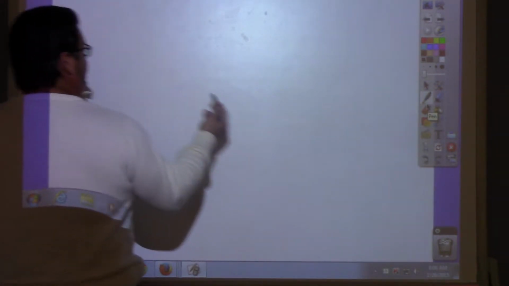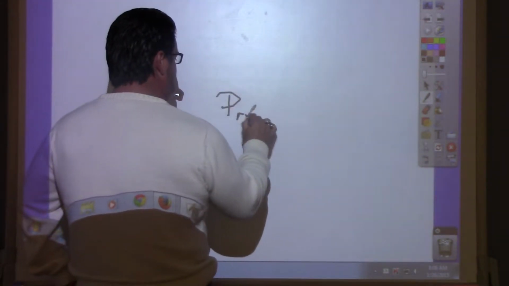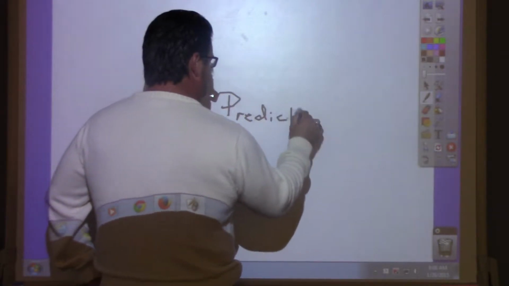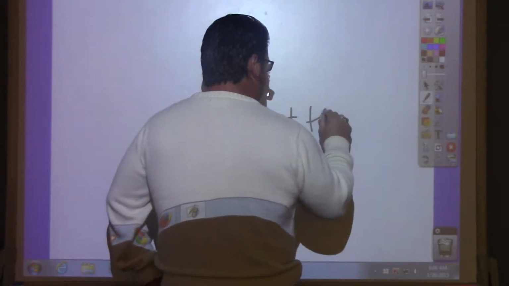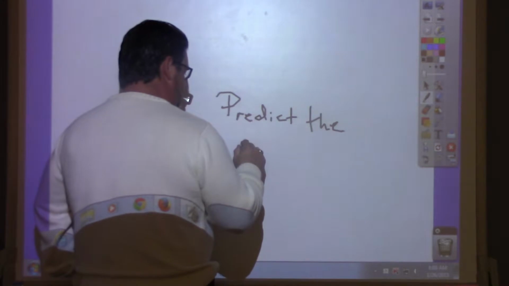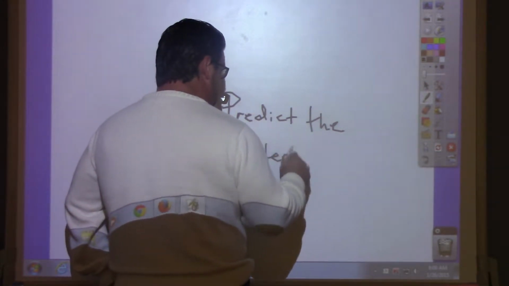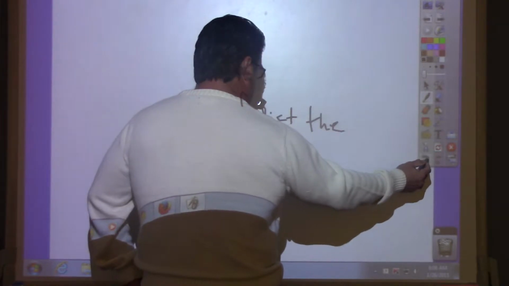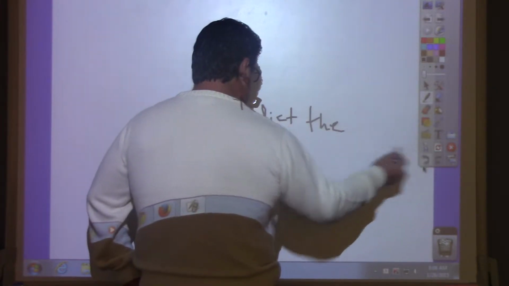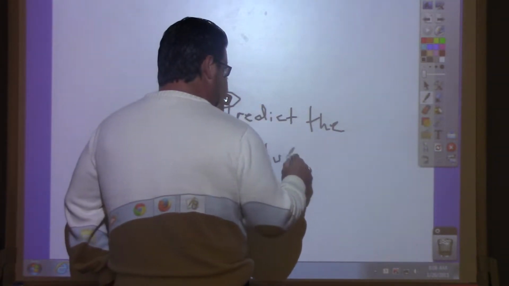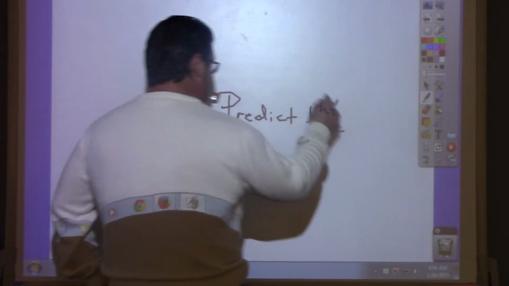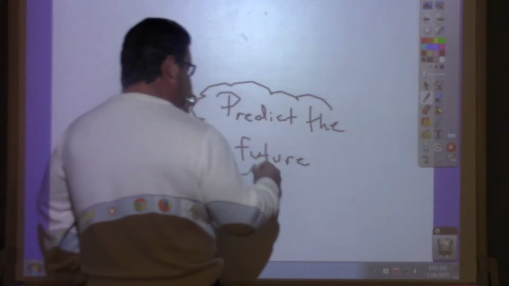We are trying to predict the future, basically. Okay? Now, of course, we cannot predict the future, and we'll get to that when we talk about probability. And that's what probability is.